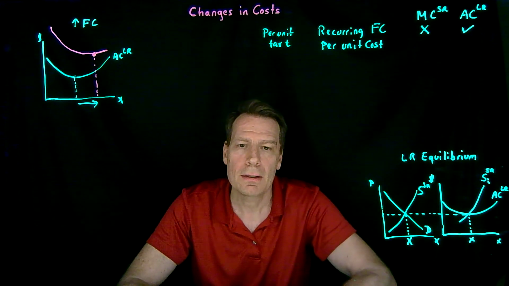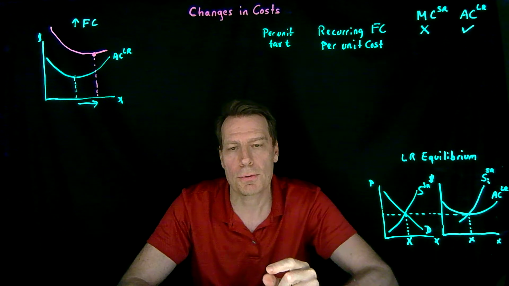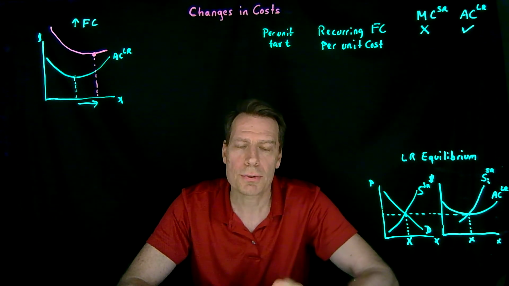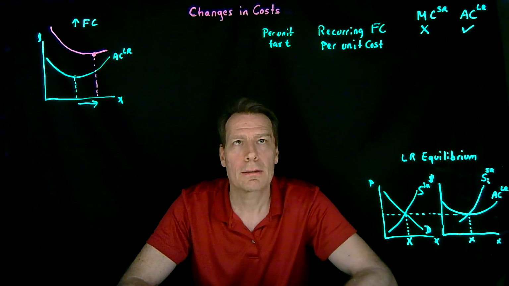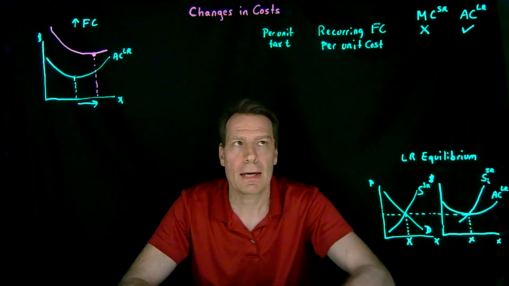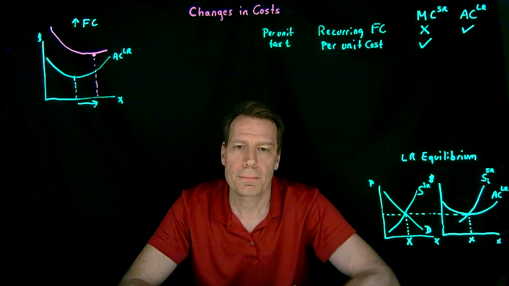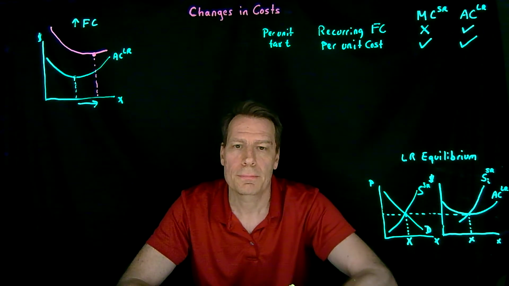So for every unit that the firm produces, it now has to pay a tax of a certain amount. Well, that is a change in marginal costs. It now costs more to bring a good to market and sell it because you have to pay this per unit tax. So it's going to affect our short-run marginal costs. And of course, it's also going to affect our long-run average costs.